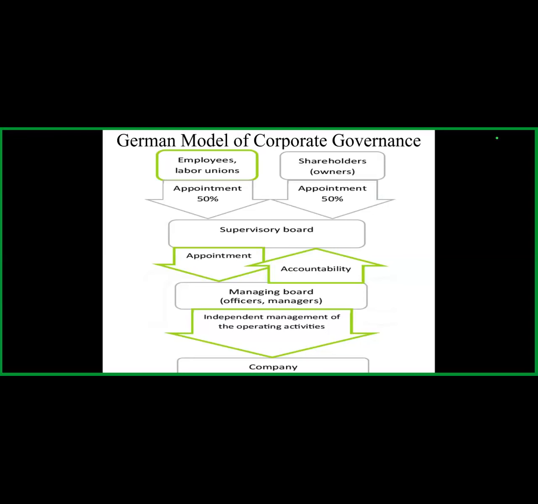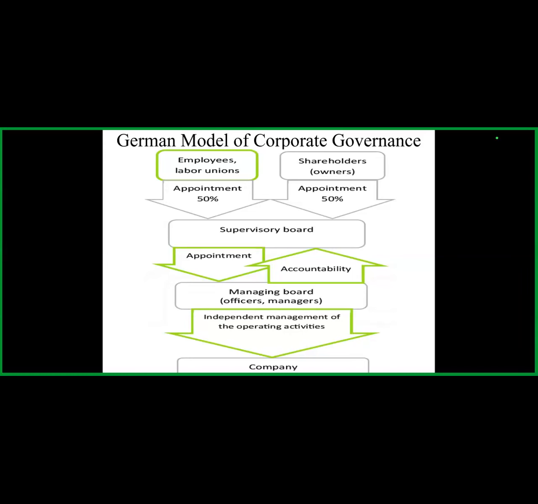Next is independent management of operating activities. Independent managers means there is decentralization being practiced in German companies. The senior managers or the executive management will delegate authorities to the department level, and the department will be given complete authority: this is the target your department has to achieve, now you prepare a strategy for how you are going to achieve that target.